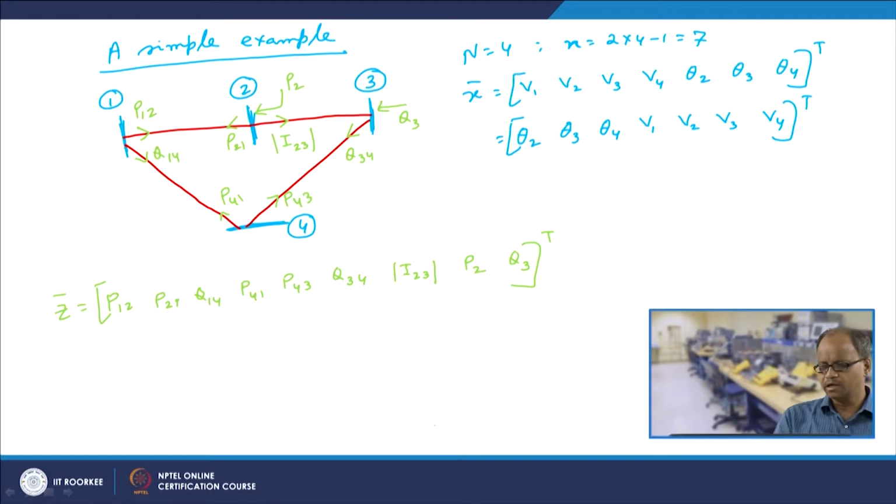Please note that because of the losses, P12 is not equal to minus P21. Now, what would this Jacobian matrix look like?